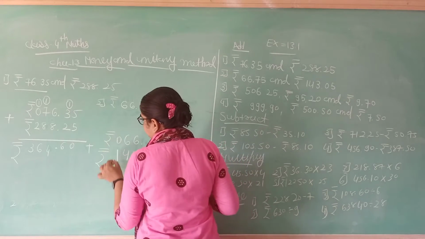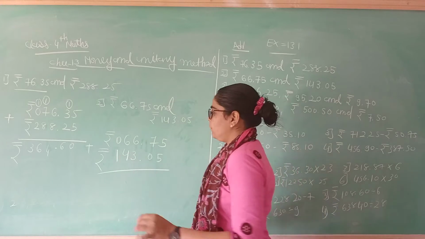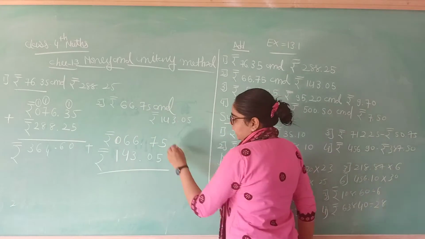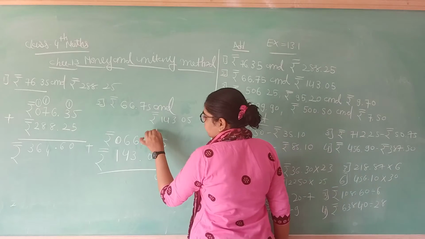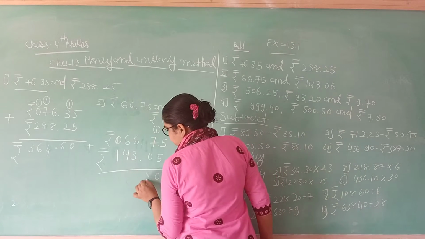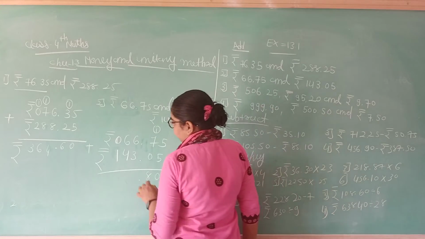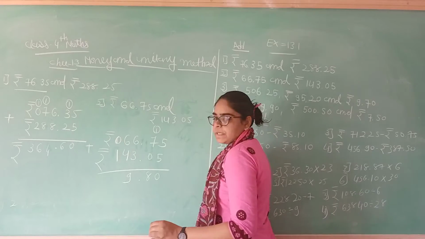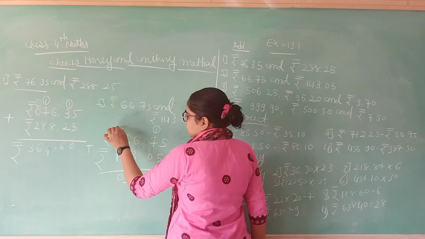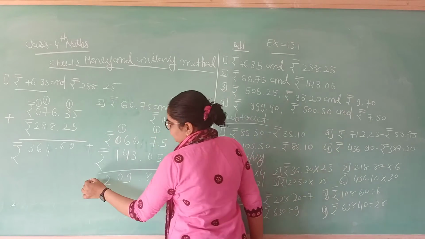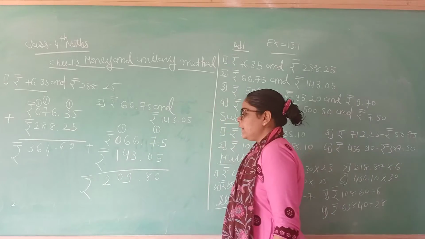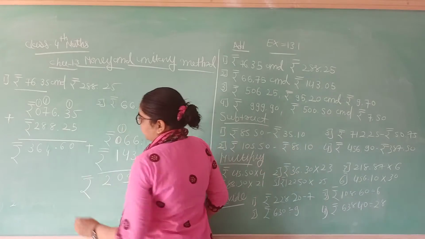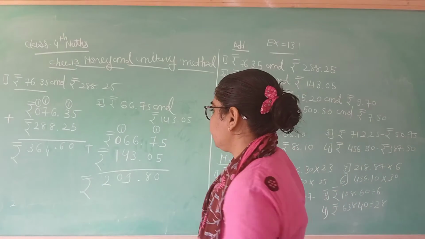Again, the place of 100 is not given, so add 1, 0. Okay, 5 plus 5, 10, 0 here, 1 carry. 7 plus 1, 8. Then after the point, 6 plus 3, 9. 6 plus 4, 10, 0 here, 1 carry. 1 plus 1. The answer is 209.80.